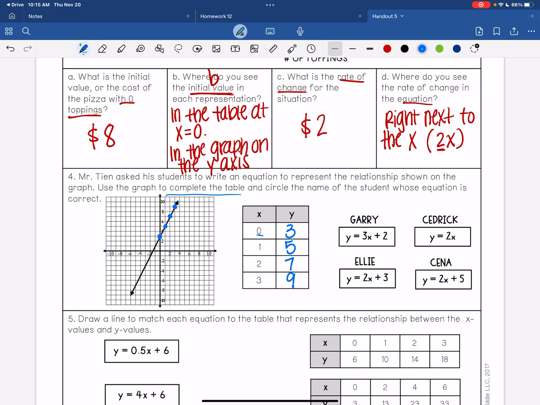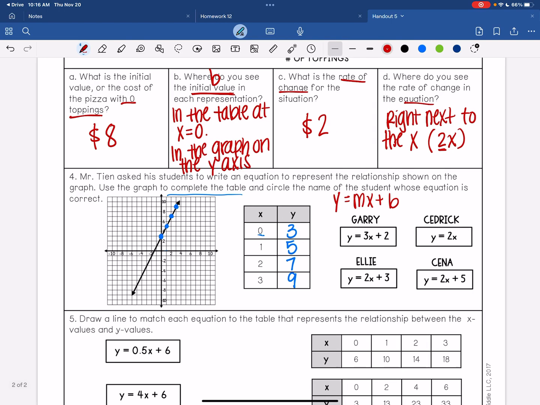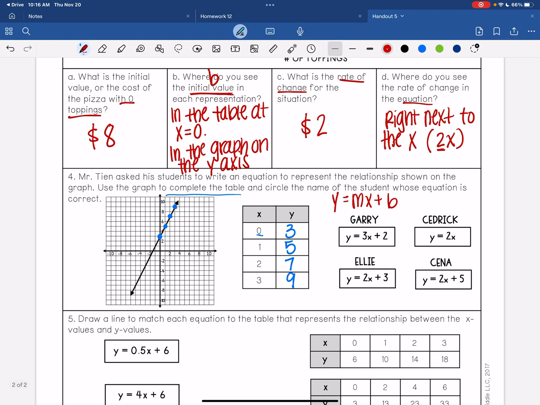So now I've got to figure out my equation, right? Remember we write equations, y equals mx plus b. And I think the b is the easiest thing to find because we just look in the table for x equals 0, and I see it right here. So that means my b has to be 3. Well, looking over here, there's only one option that has b equals 3, right?